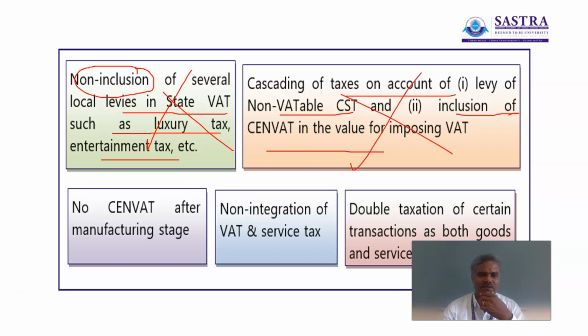No SENVAT after the manufacturing stage. Non-integration of VAT and service tax. Double taxation of certain transactions, both goods and services. Everything is eroded today because we are following one tax, one nation tax, one administration. There is no different administration. The administrator is the central government.